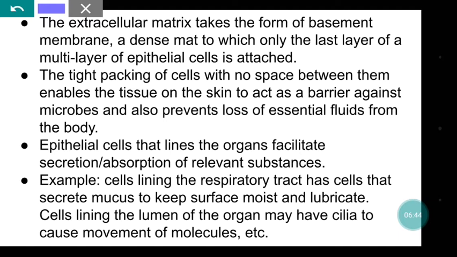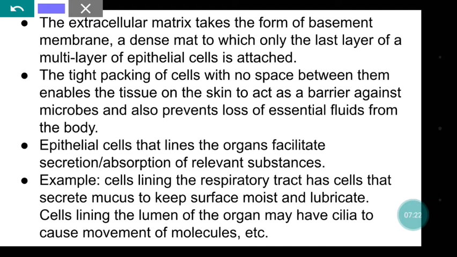For example, the cell lining of the respiratory tract has cells that secrete mucus to keep the surface moist and lubricated. The lining of the respiratory tract should be moist and slippery so that it allows the movement of air smoothly.